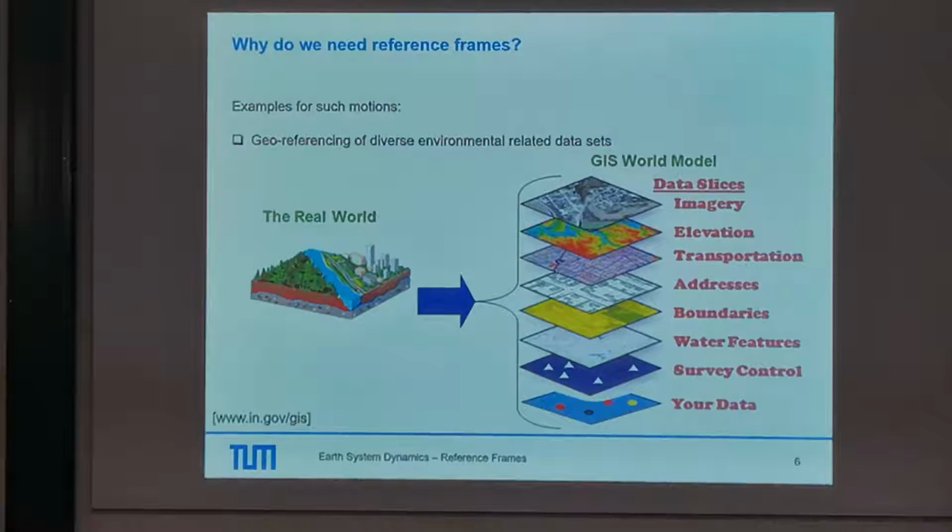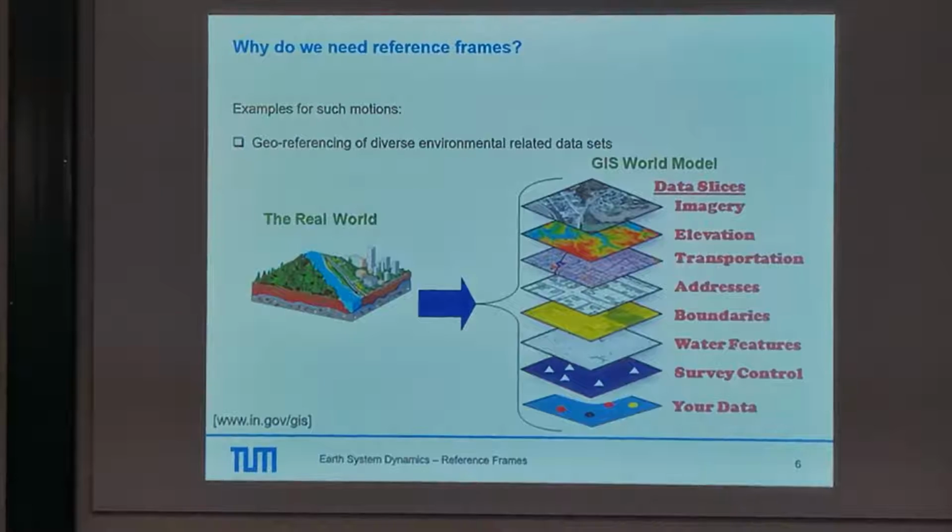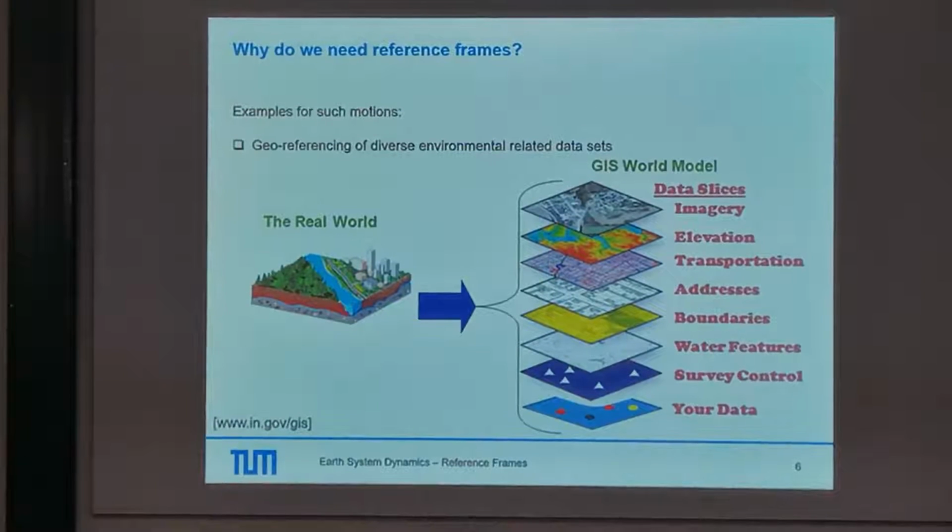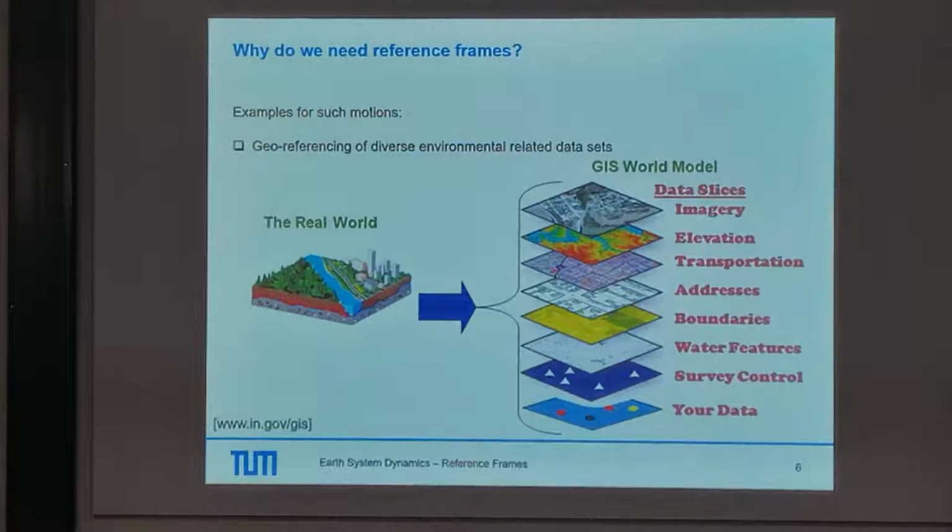You all know the geoinformation systems, the GIS systems, and it's quite obvious that the georeferencing, so the relation of these different data sets with respect to the Earth or to some reference, must be achieved in one reference which is common to all of these different layers.